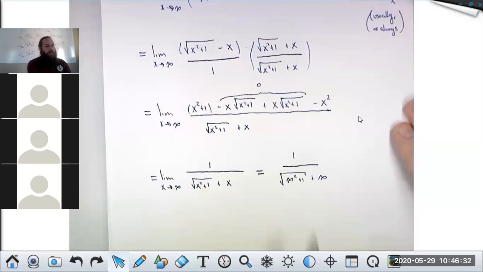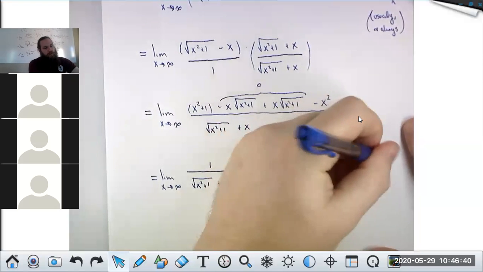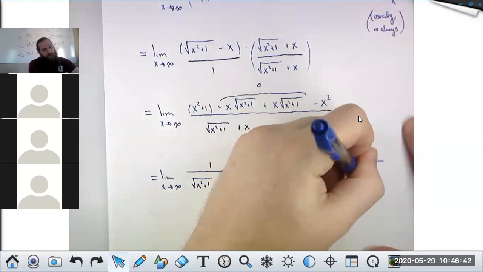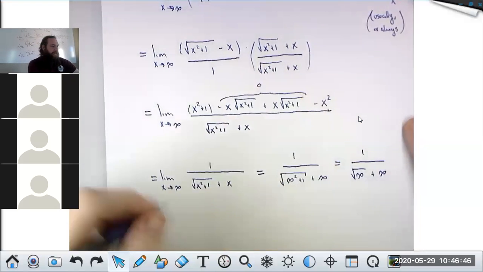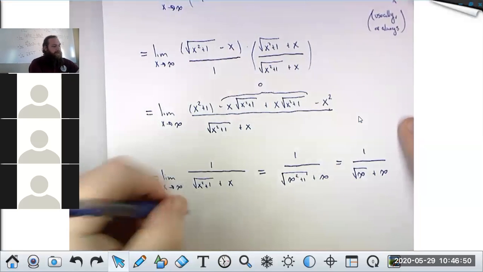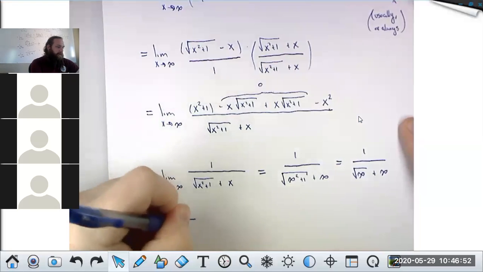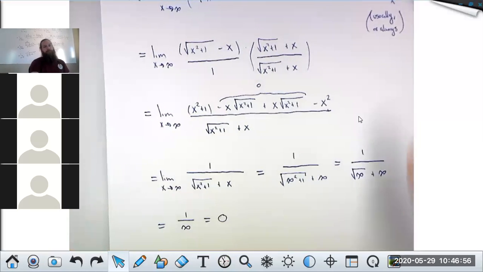Now we said it earlier, but I didn't write it down. Infinity squared is infinity. Infinity plus 1 is infinity. So this is like 1 over the square root of infinity plus infinity. The square root of infinity is infinity. Infinity plus infinity is infinity. So this is 1 over infinity, which is 0.